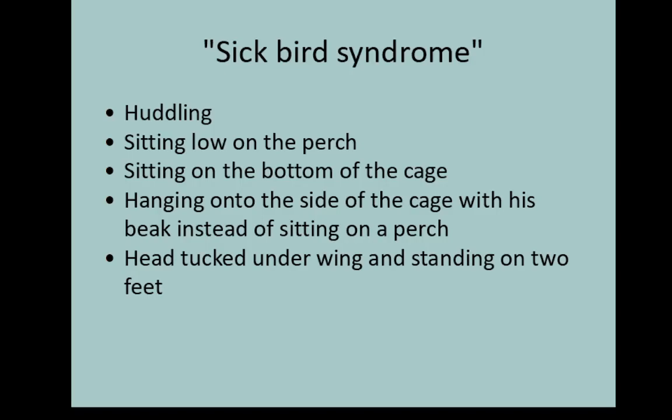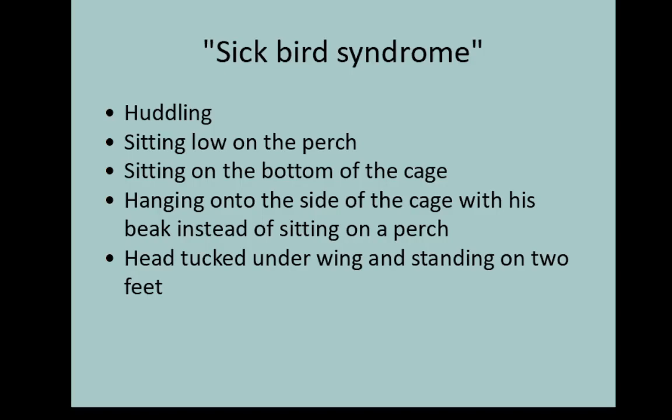Sitting low on the perch. For example, you put perches in your hen houses. If birds are sitting low on the perch or it does not look normal, then this is part of sick bird syndrome. Also, you have a perch, but instead of utilizing the perch, the birds sit on the bottom of the cage.